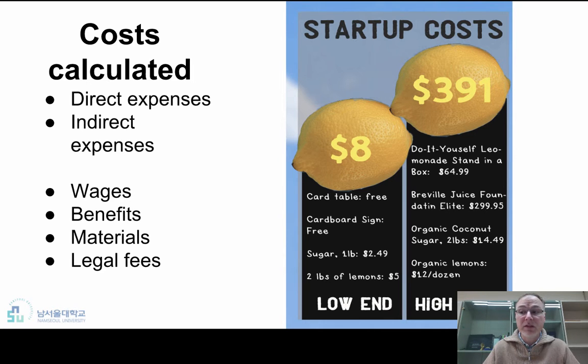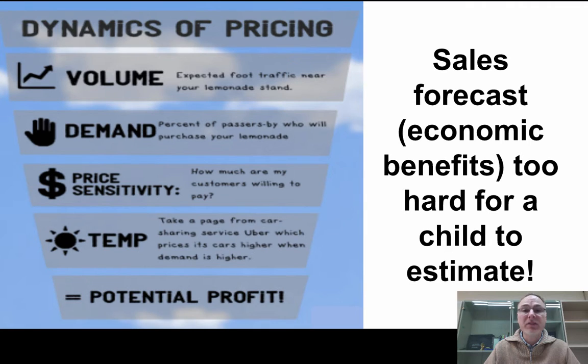There is one policy mechanism that doesn't cost very much to implement, but it doesn't have all the bells and whistles or all of the features of another policy option. So Pat estimates the startup costs and then tries to understand the economic benefits of those different models, because Pat ultimately wants to, in this case, make the most profitable lemonade stand possible.